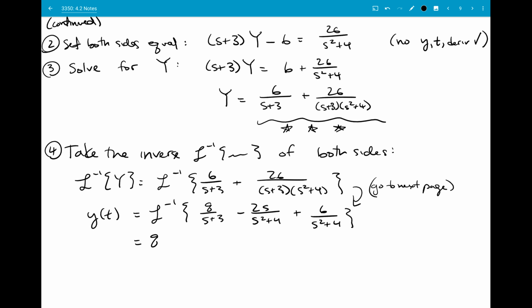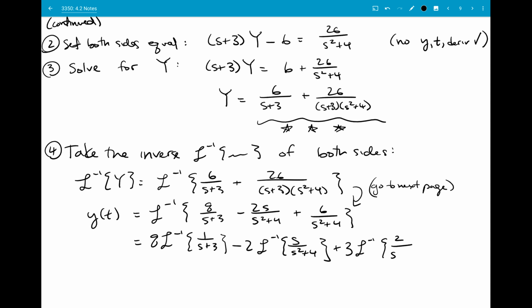And by linearity, that's going to be 8 L inverse of 1 over s plus 3, minus 2 L inverse of s over s squared plus 4, plus 3 L inverse of 2 over s squared plus 4. Linearity gave us that one.